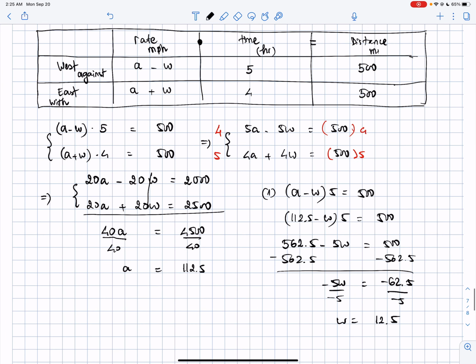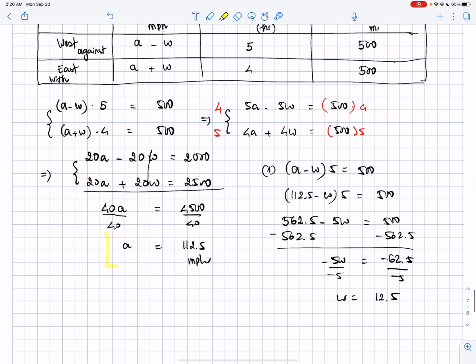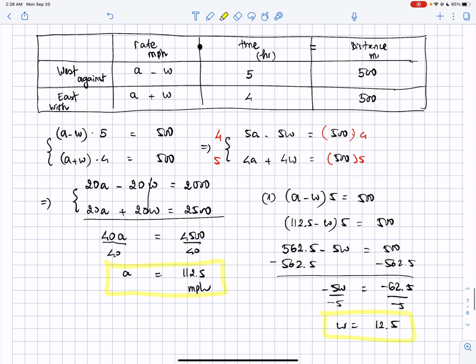So the speed of the airplane is 112.5 miles per hour. The speed of the wind is 12.5 miles per hour. Going back to the problem, it asks us to find both the speed of the airplane and the wind, so we answered this question already. What we can do is go back and check.